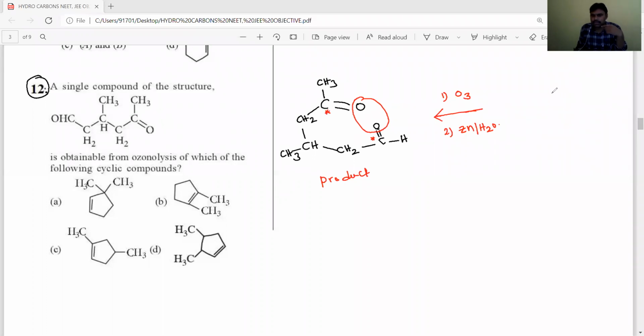So the product is C double bond C, and this carbon already has a CH3 group. The remaining carbons as they are, you write CH2, CH, CH3, CH2.